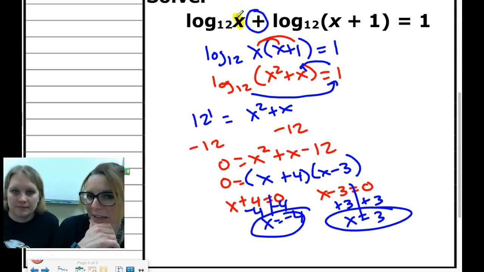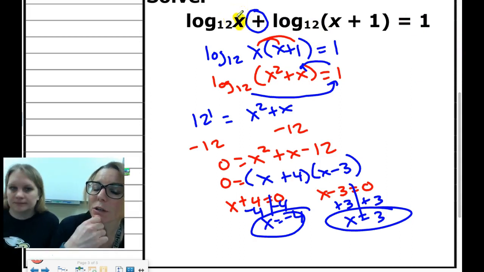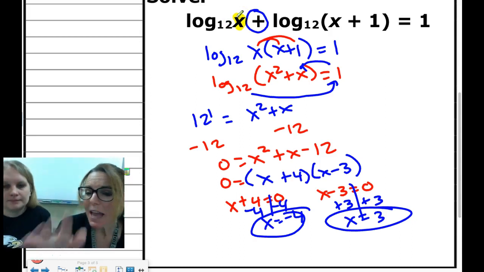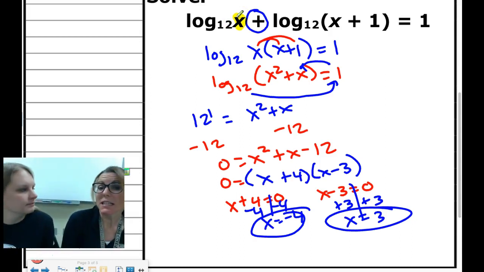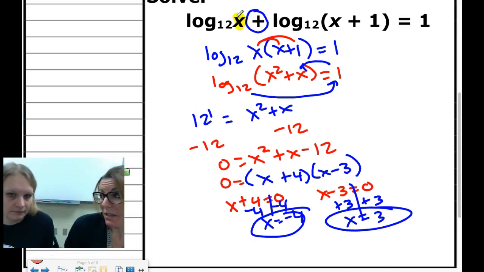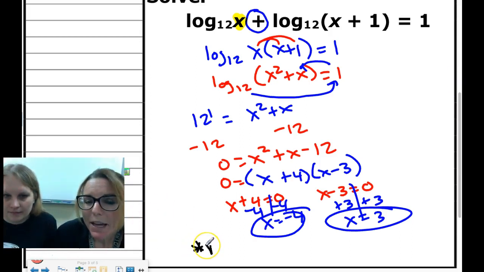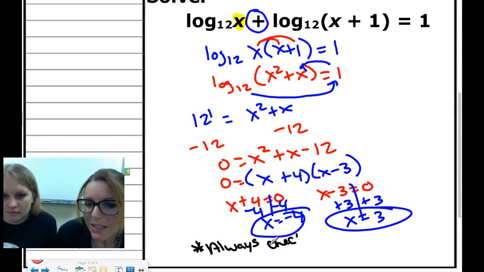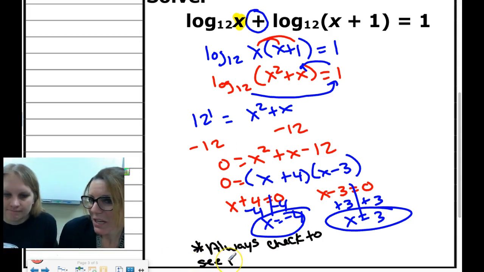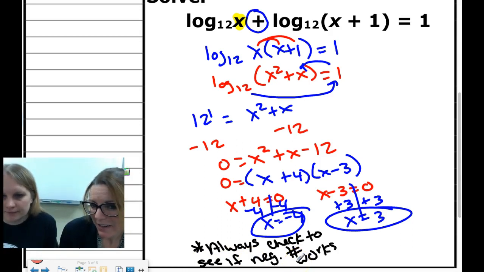Just because I have a negative answer doesn't mean it's always not going to be an answer we can use. But if you go back up to the beginning, if you have log base 12 of x, if you plug in a negative 4 there, there's an error. So right away, you cannot use that. You don't have to check the 3 because it's not negative.